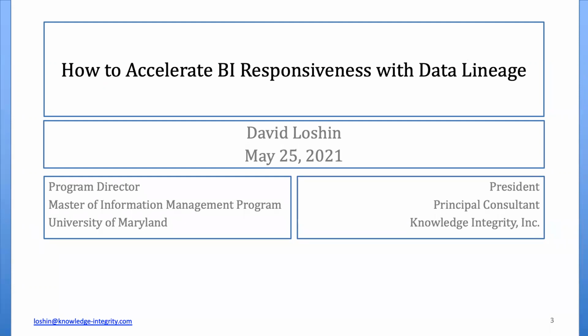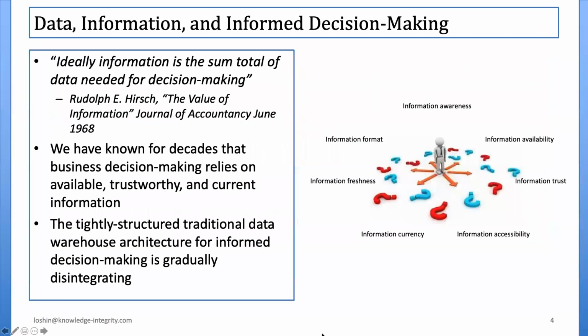So to start off, I think it's actually really good to begin a talk about business intelligence responsiveness by reflecting on a historical perspective about the use of information for decision making.